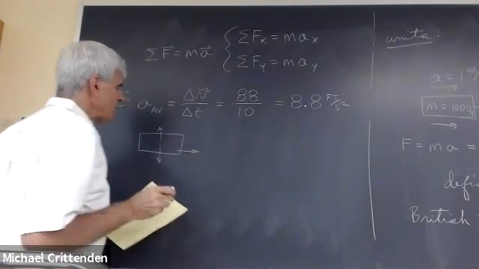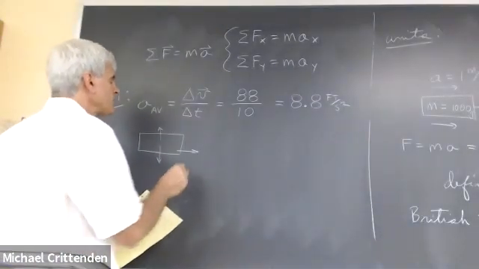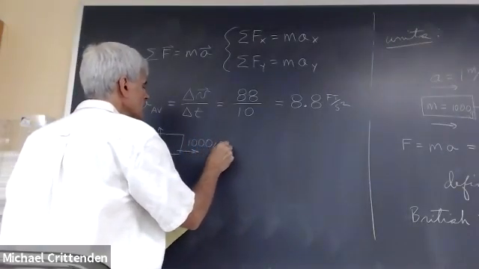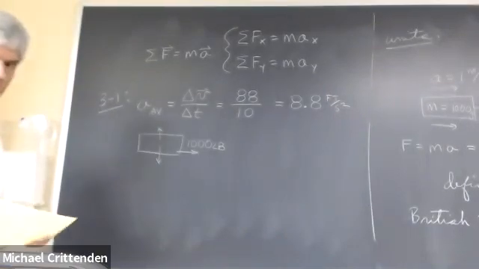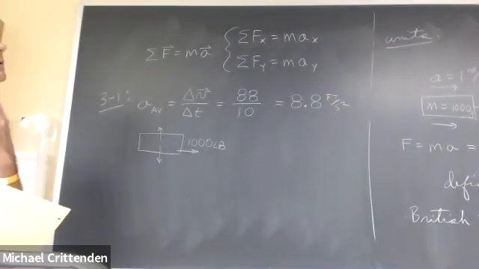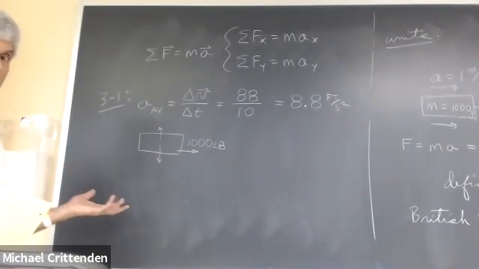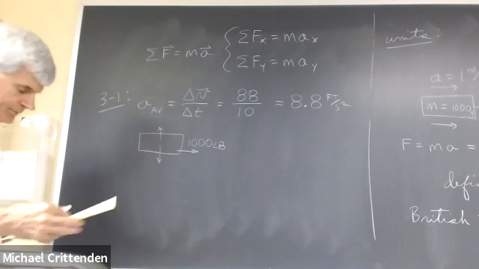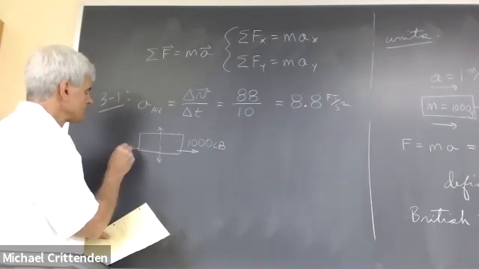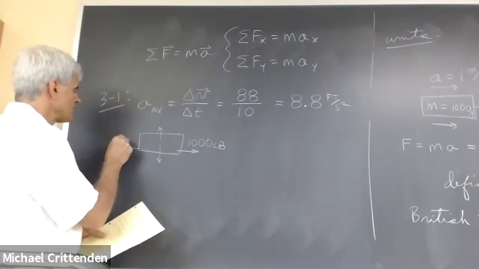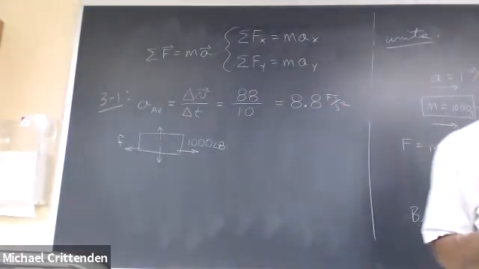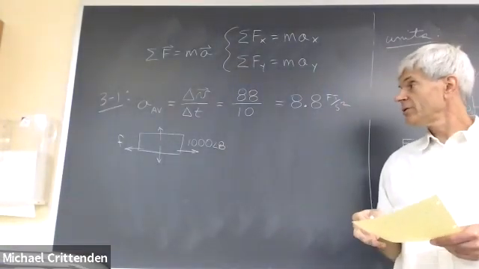The question says that the force propelling the car forward, the force that's ultimately due to the engine, is 1,000 pounds. Pointing the other way would be the force of friction. Friction always opposes motion.